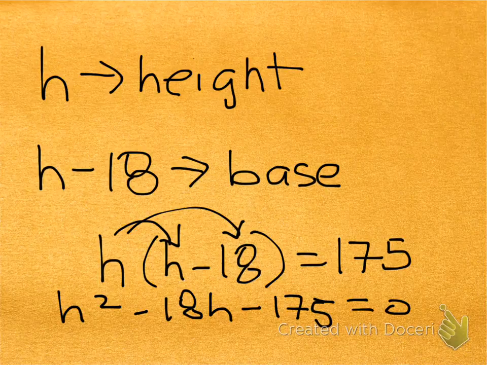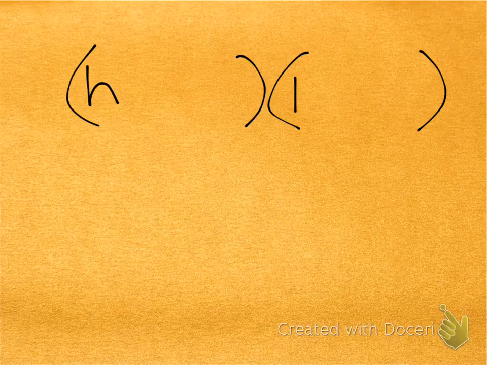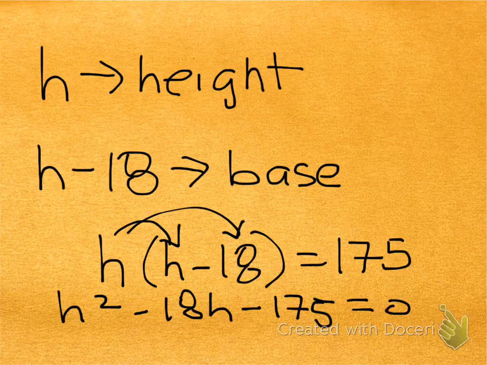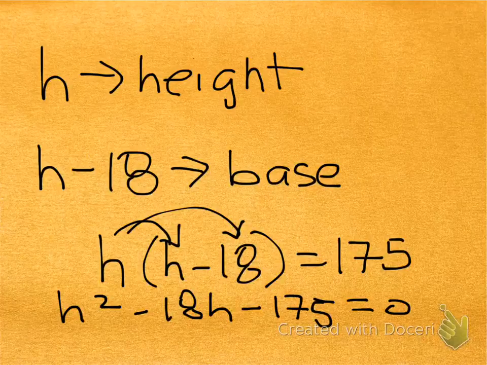Two factors that would multiply to get 175 and add to get 18 would be 25 and 7. So we would have h, and it needs to be a negative 175 and a negative 18.